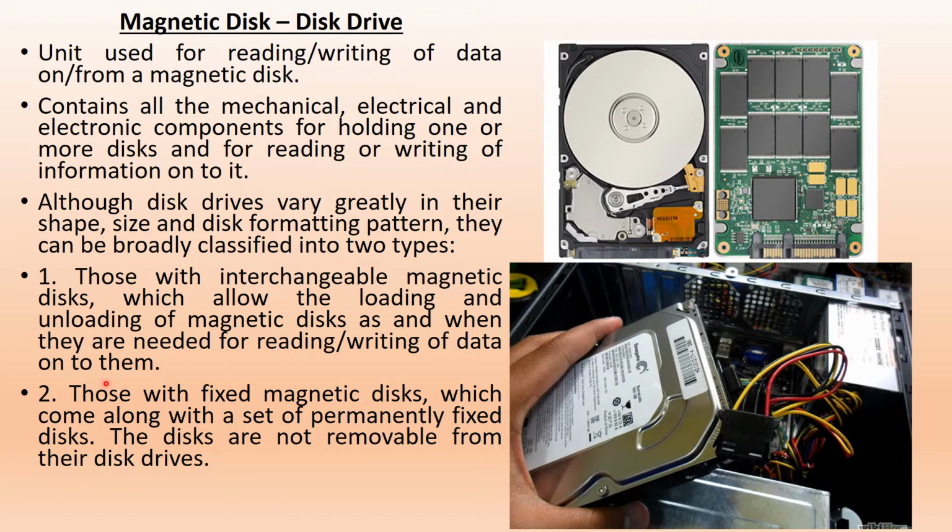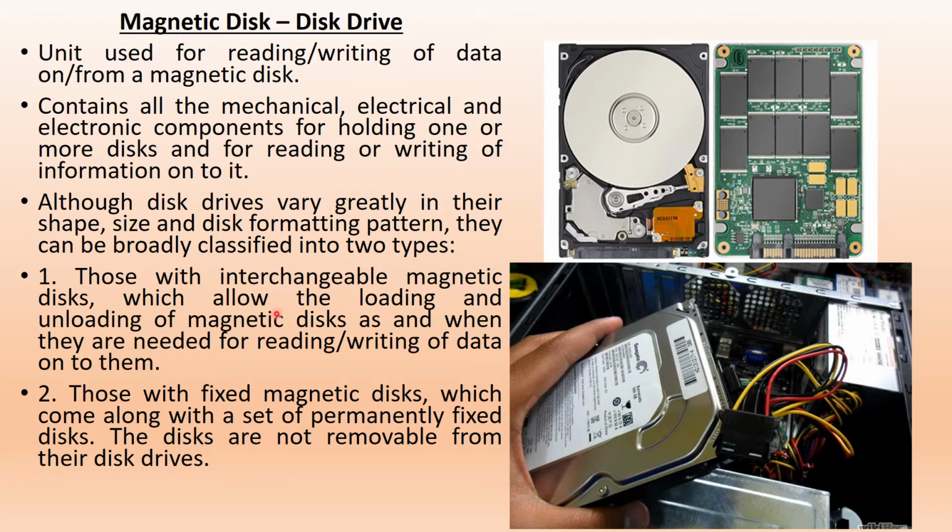That is the first classification. The second classification is those with fixed magnetic disks, which come with a set of permanently fixed disks. The disks are not removed from their disk drive. So remember, in one you can add or remove disks as you need them, and the second one is already fixed. You cannot add or remove storage capacity.